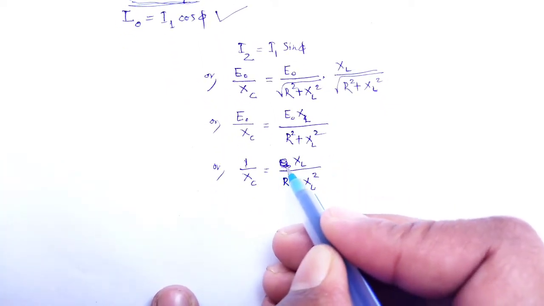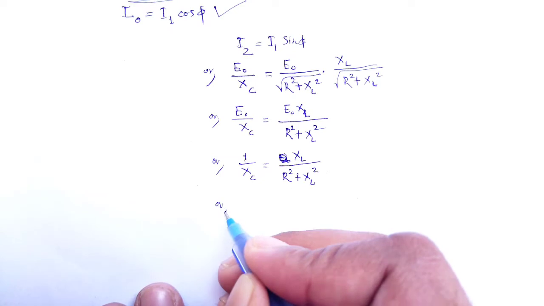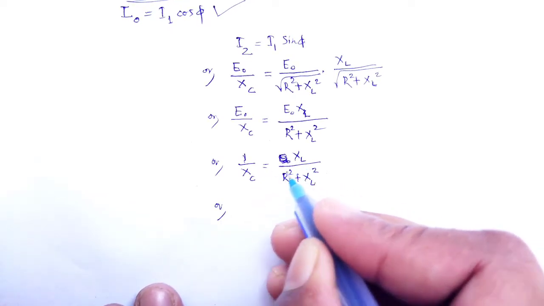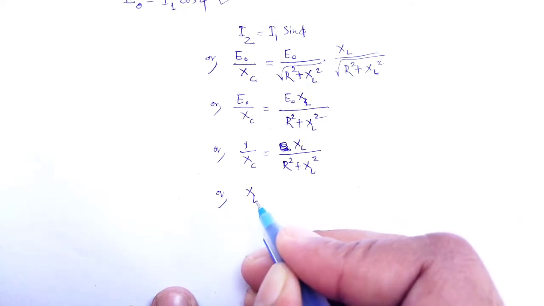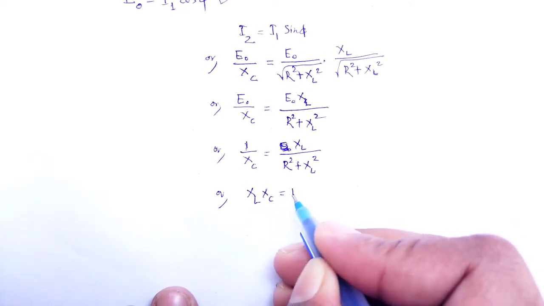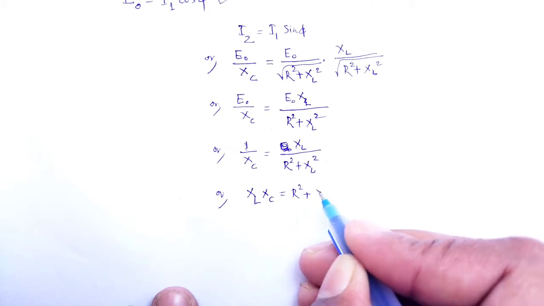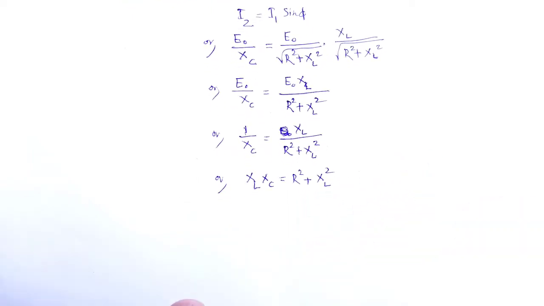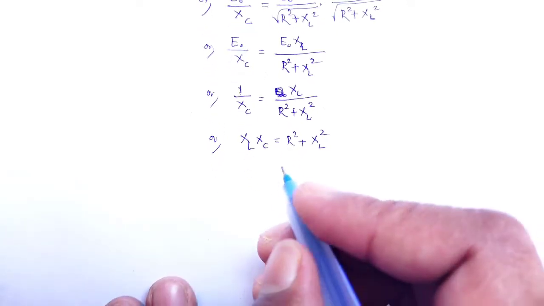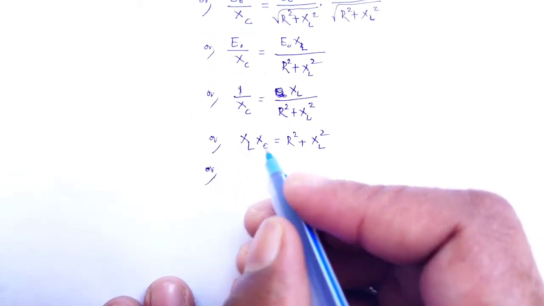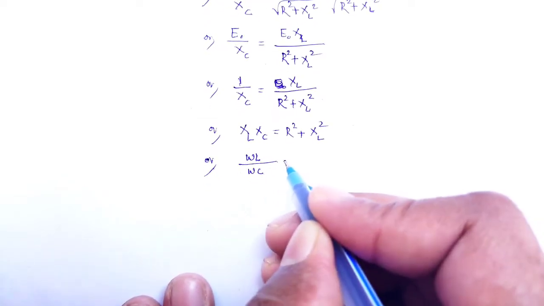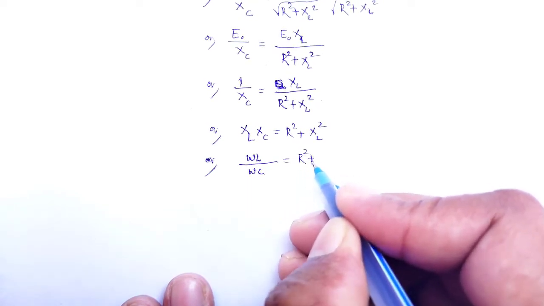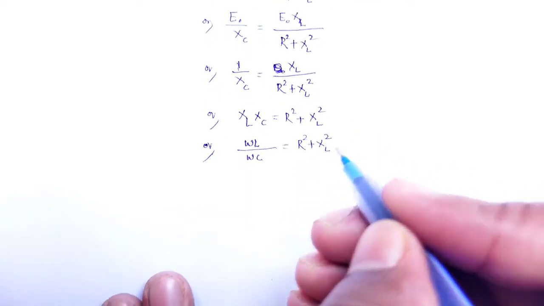Or on cross multiplication, XL XC is equal to R square plus XL square, or XL, that is omega L, XC, 1 by omega C, is equal to R square plus XL square.